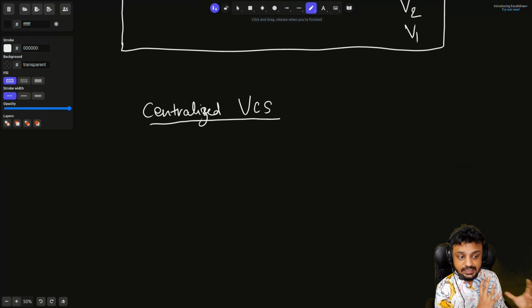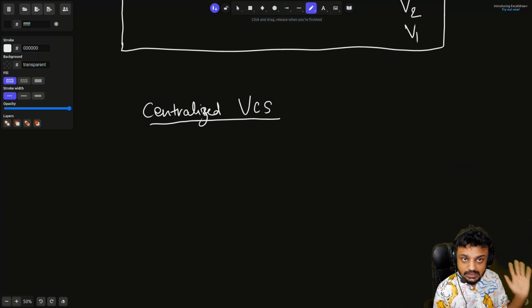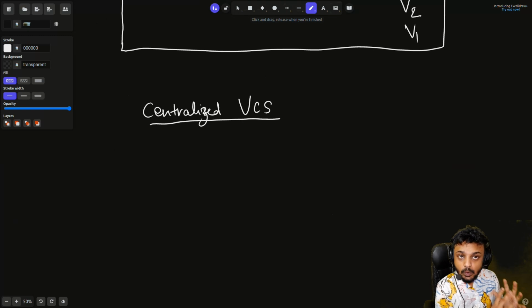Now this centralized version control system used to have a single server, a single device somewhere in the world, which used to contain all the versions for folks working on a project.